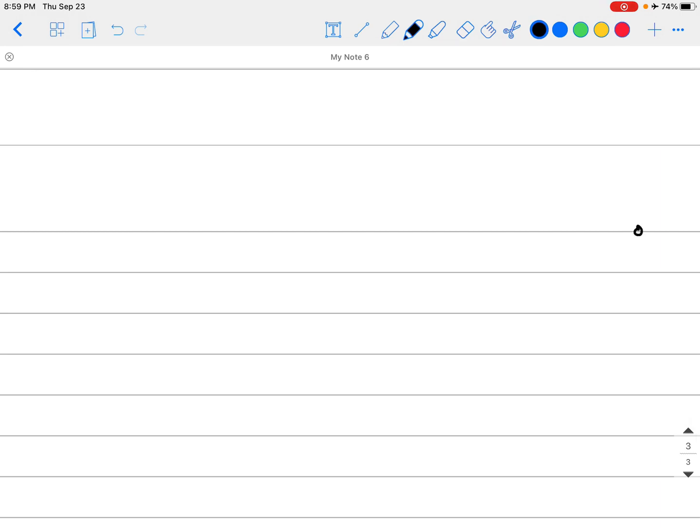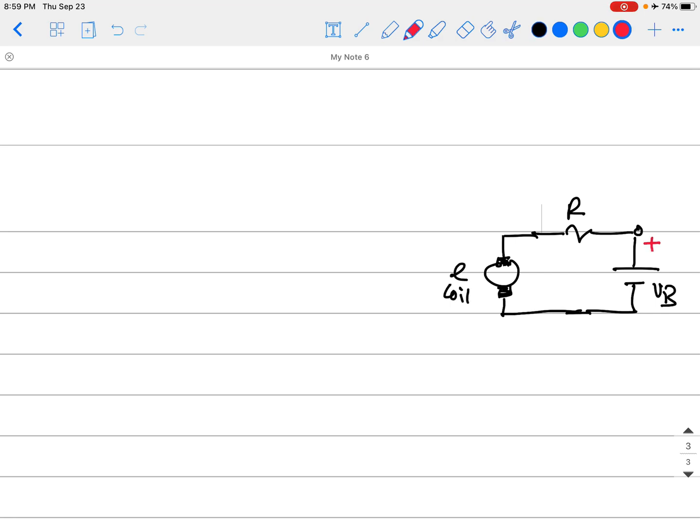To have an equivalent circuit representing this, that will be R, and here is the external applied voltage, VB, and now there are the brushes and the induced voltage inside. This is E coil. You know the polarity for this applied voltage because that's the applied voltage, yes?